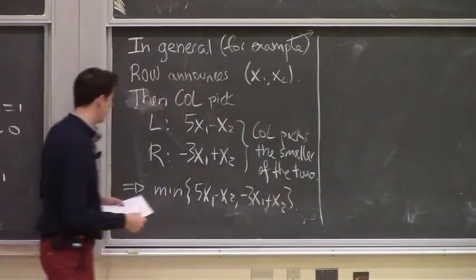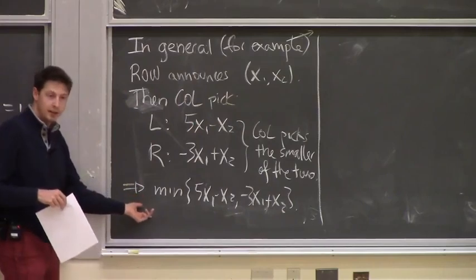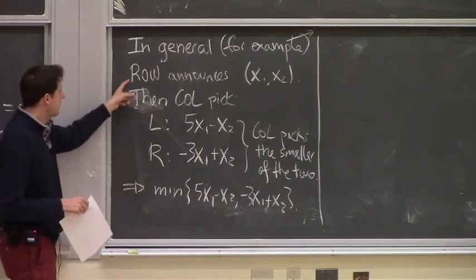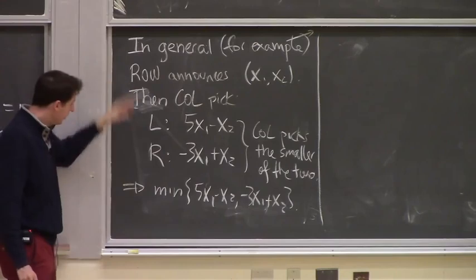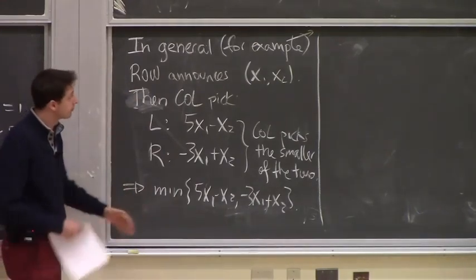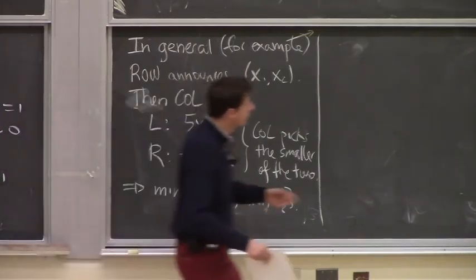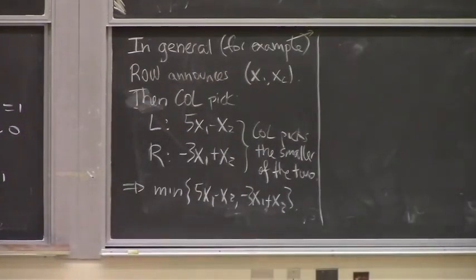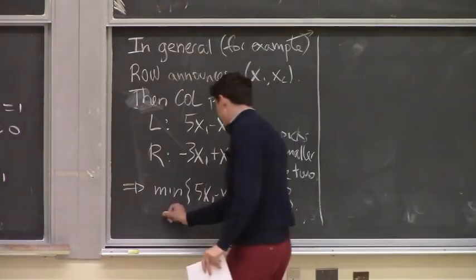Right? So it picks the smaller of the two. It means that in the end, if row has announced this thing, then the utility he will experience at the end is this expression. Just like similarly here, when there were two options, 2 or minus 1, the minimum is minus 1. So there will be a utility that he will experience because column will pick that one. OK?